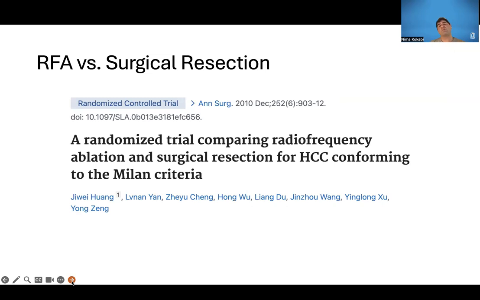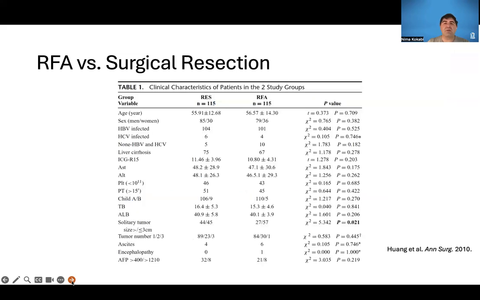Let's look at an important study that was published in 2010 comparing RFA versus surgical resection for small HCCs within Milan criteria.